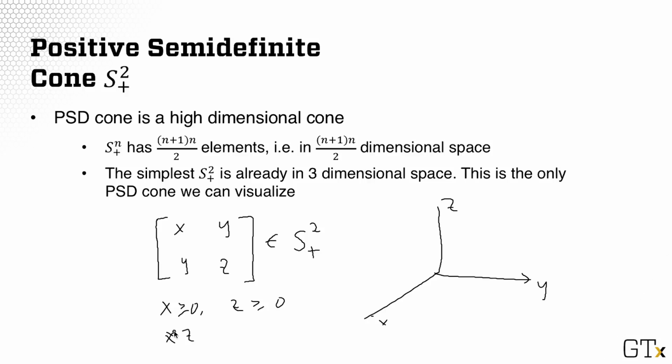Let me write it more carefully: x times z minus y squared should be greater than or equal to 0. That is the constraint for this matrix being positive semi-definite. I leave this as an exercise for you to actually plot this cone. This is the only positive semi-definite cone that we can visualize. All other higher dimension cones are too high in dimension.